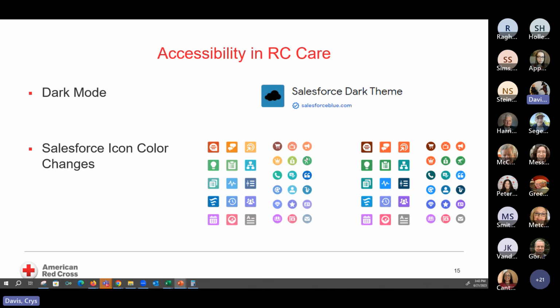This is one that I currently use, and I'm just throwing it out there so that people are aware. So if you are a user who likes to use dark mode, the Salesforce dark theme is available on Chrome. So it is available to you if you are a user who would benefit from that.